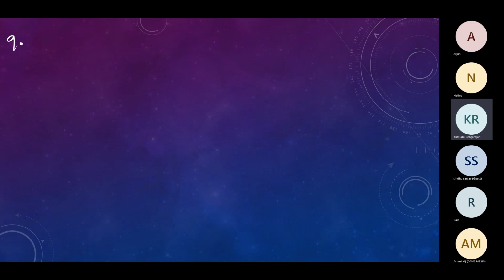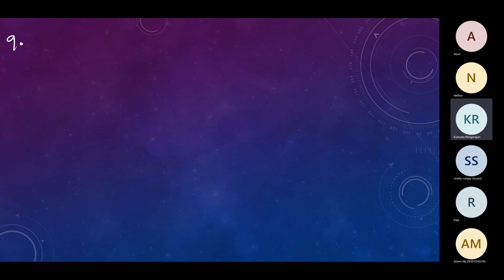"27 solid iron spheres, not hemispheres, spheres. 27 solid iron spheres, each of radius r and surface area s, are melted to form a sphere with surface area s dash. Find the radius r dash of the new sphere."